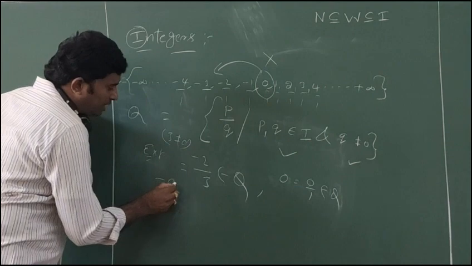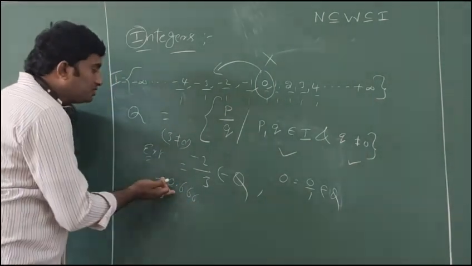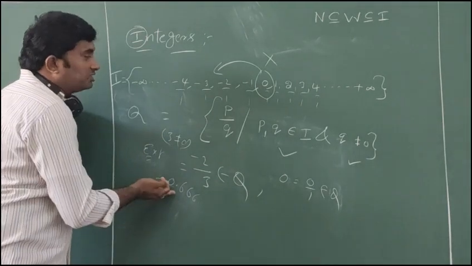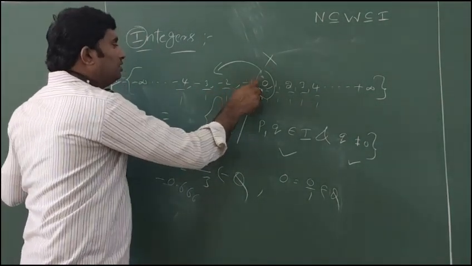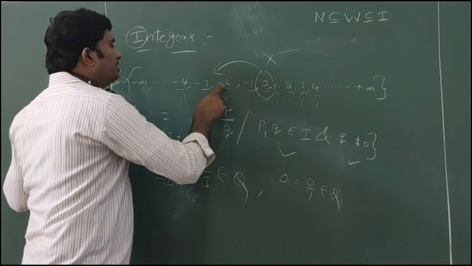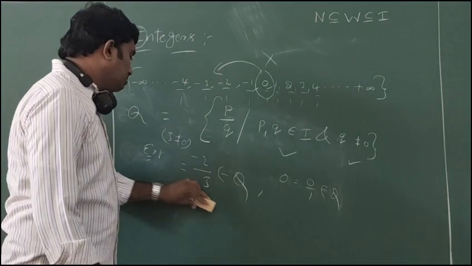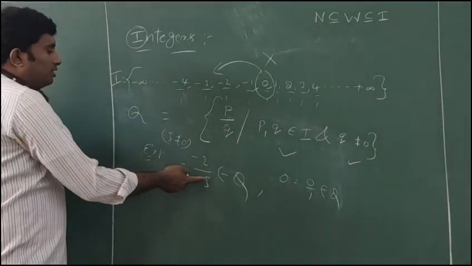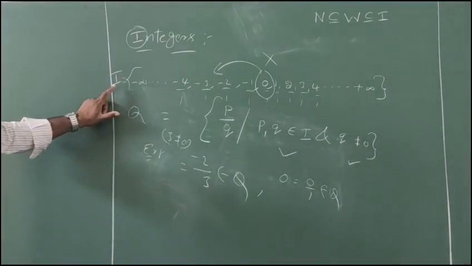How much is it? -0.666, right? It is a rational number, but it is not an integer. Integers are -1, 0, 1, 2, but -0.6 is not an integer. So every integer is a rational number, but a rational number need not be an integer.